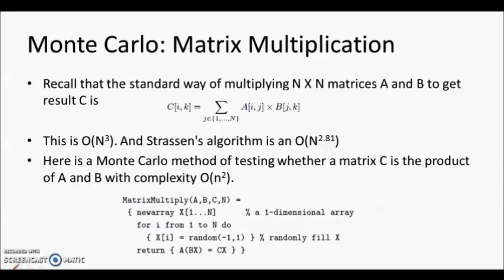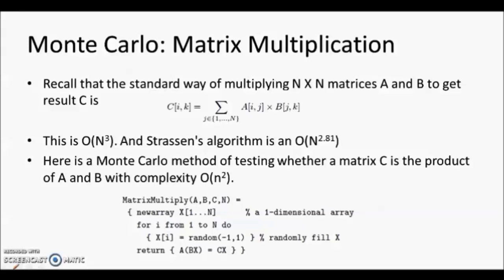Now see, here is a Monte Carlo matrix multiplication algorithm to check the matrix C, which is the result of matrices A and B, with complexity of order of n squared. Give attention to this Monte Carlo algorithm. How does this algorithm have the complexity of order n squared?